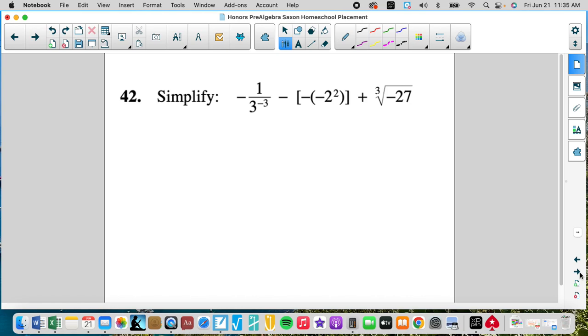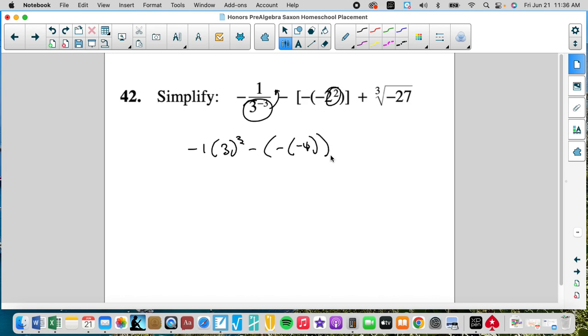Simplifying, again, we're back to order of operations. So we've got to know, what are we doing? Oh, we've got negative exponents. We've got negative signs. So this is -1. And we're going to move this. When we change the sign of an exponent, you change the location of the base. Minus, that's negative. That's -2 to the second, which we know is -4, because that's negative, the opposite of 2 squared, because the base, we're doing 2 squared.